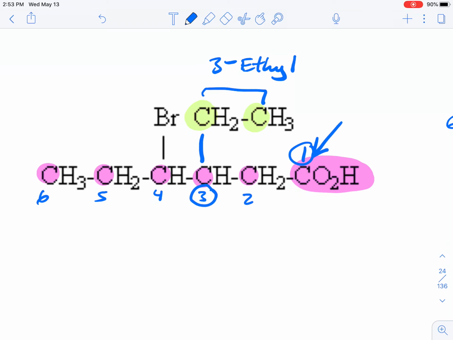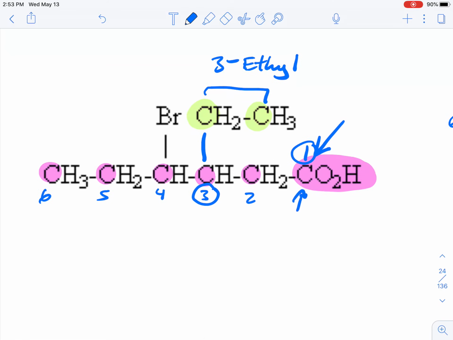So it just kind of makes our job very simple and streamlined and easy. And so I know that this ethyl is going to be on carbon number 3 with respect to the 1st carbon in the carboxylic acid. And this bromine group is going to be a 4-bromo.